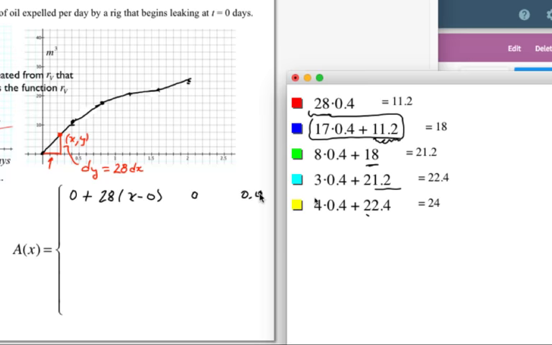Now, in this interval we're going to include both sides, so we'll have equals on both. But from here on out, we're going to do equals on the right side of the interval and not equal on the left. We said that was kind of counterintuitive because of how we built the rate function. We're going to see in a second why we're doing this.